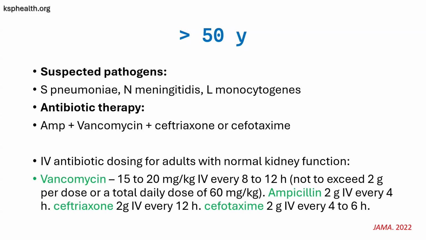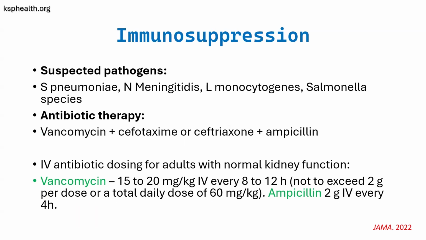Ampicillin 2 gram every 4 hours, ceftriaxone 2 gram every 12 hours, cefotaxime 2 gram every 4 to 6 hours. In patients with immunosuppression, again, the suspected pathogens are further expanded, including Listeria, Salmonella, and other gram-negative bacteria. Antibiotic therapy is vancomycin, cefotaxime or ceftriaxone plus ampicillin.